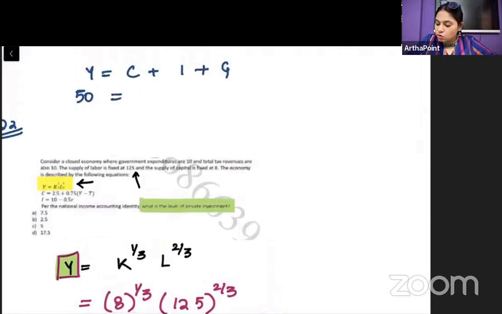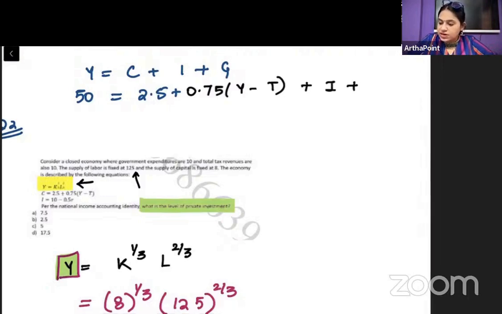And C is going to be 2.5 plus 0.75 (Y minus T) plus I, and G is given to me as 10. So if you can read it, just try to see. It says that government expenditure is 10 and total tax revenue is also 10. So G is given to me as 10.